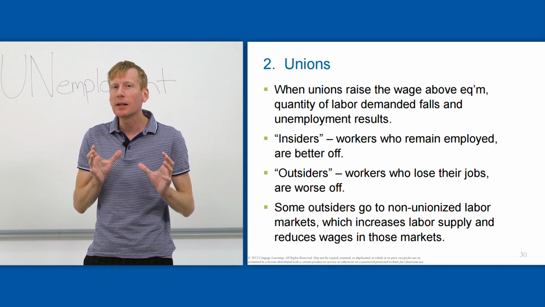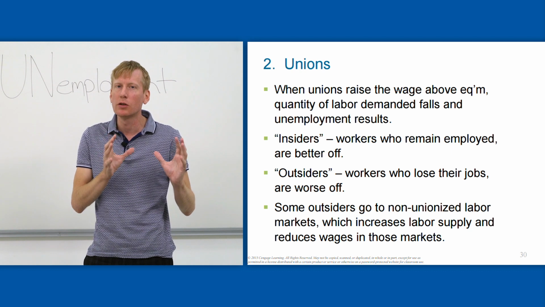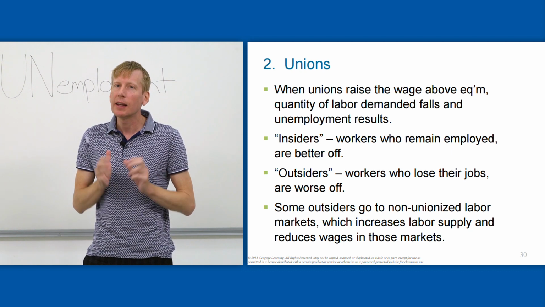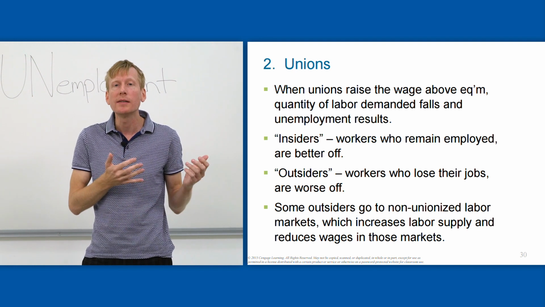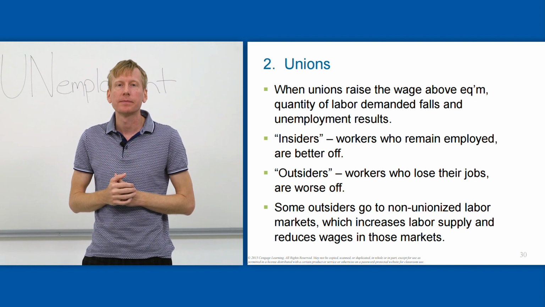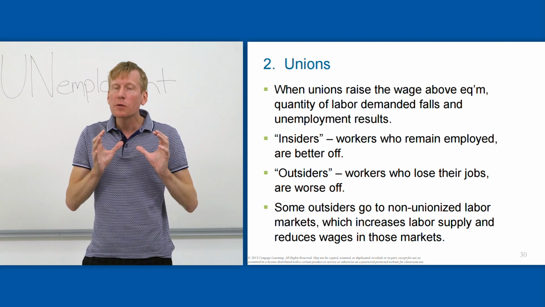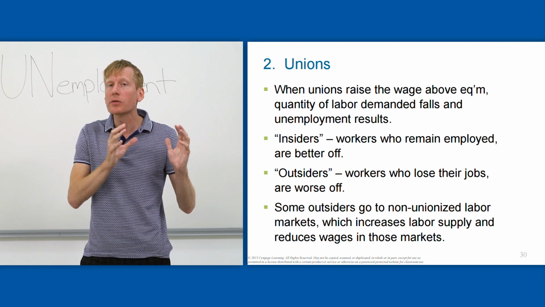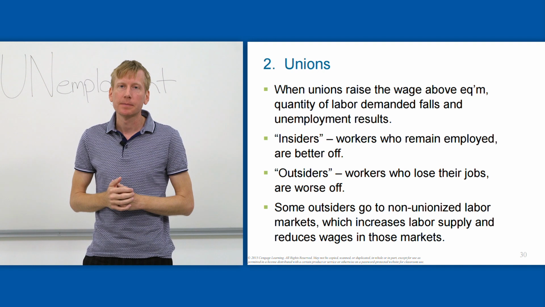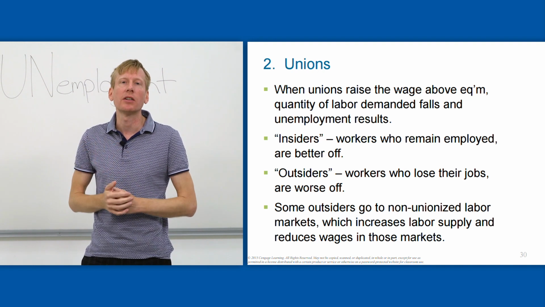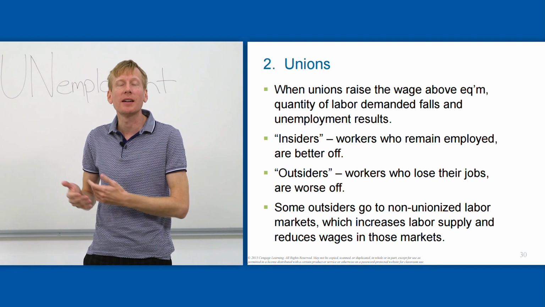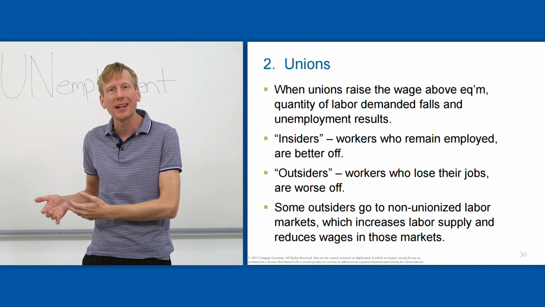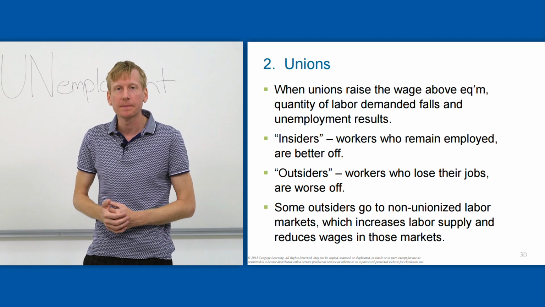Now, if some industries or some professions are unionized, and in those professions there are fewer people hired with higher wages than we would otherwise have in our economy, those people are altogether, with those jobs, insiders. And people who are not able to find jobs in those professions, but perhaps able to find jobs in other professions that are not unionized, are all outsiders.